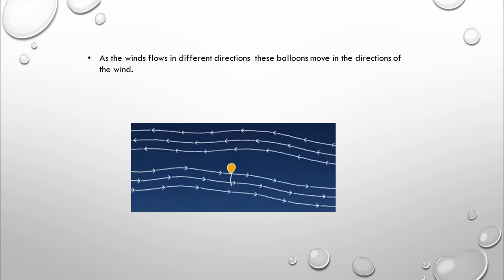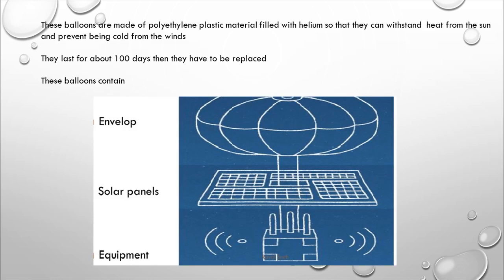So the balloons can travel from one way to the other. Here is a balloon which travels in this direction and this can be moved to another direction with the help of the equipment contained in the balloons. So this balloon is moved by the winds to other parts of the world.